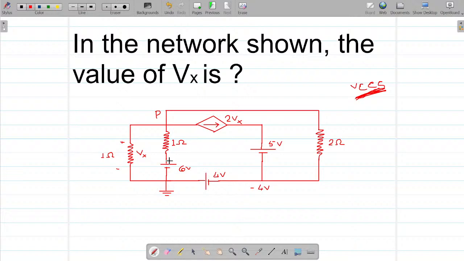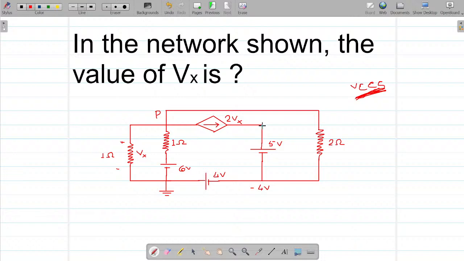Now, what is the potential at this point?